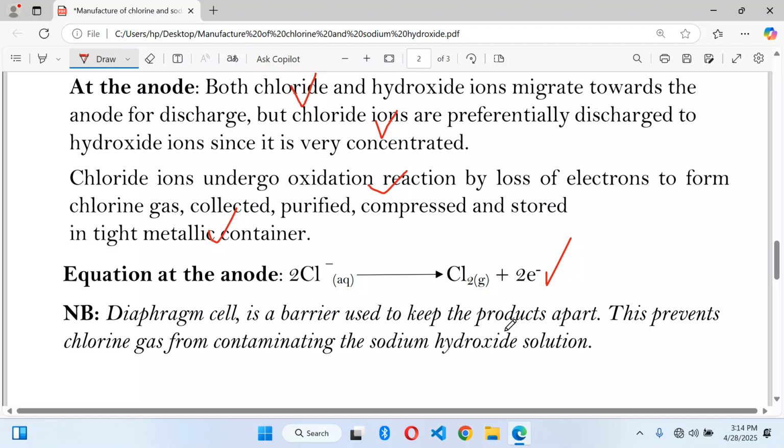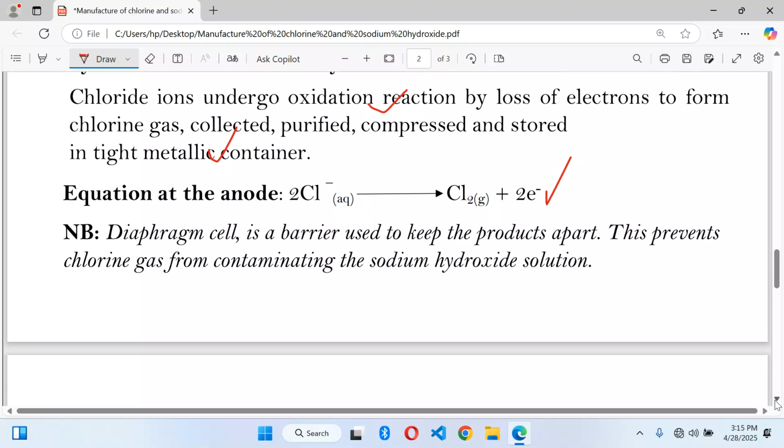We are producing chlorine gas, then on another electrode we are producing sodium hydroxide. So to prevent the contamination, that's why they use the diaphragm cell.